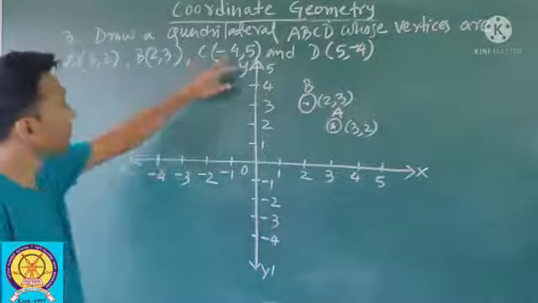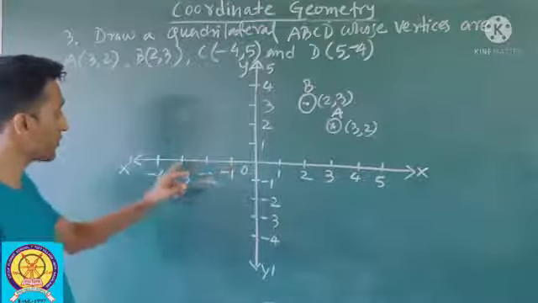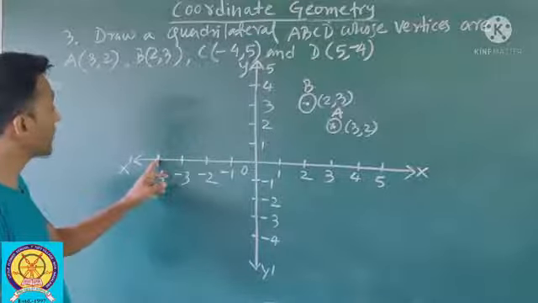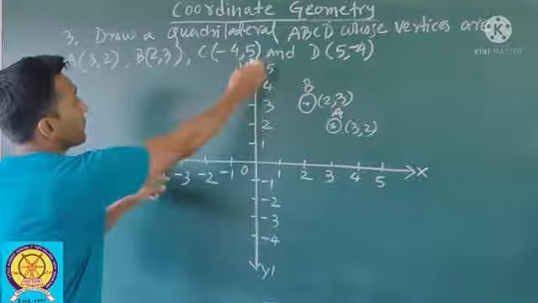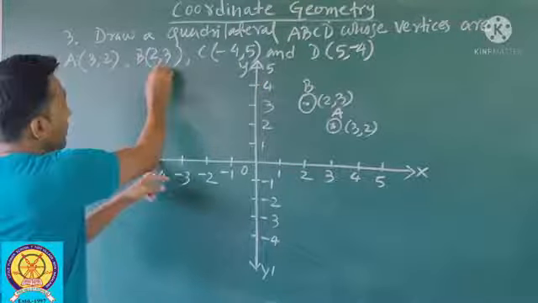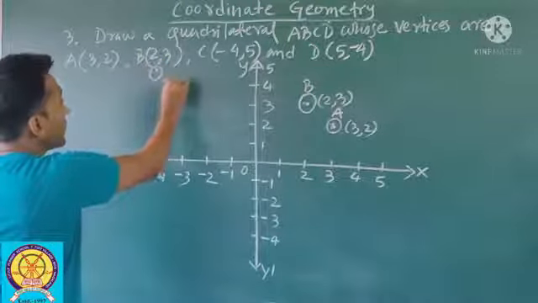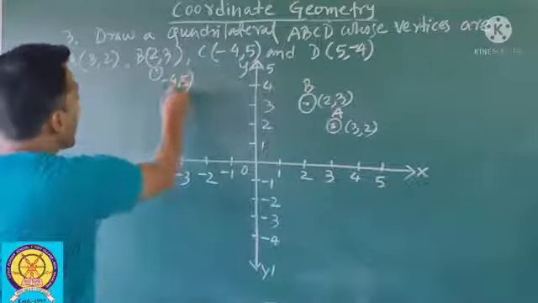Next C (-4, 5): x is minus 4, minus 1, minus 2, minus 3, minus 4, y is 5: 1, 2, 3, 4, 5. The point is (-4, 5).